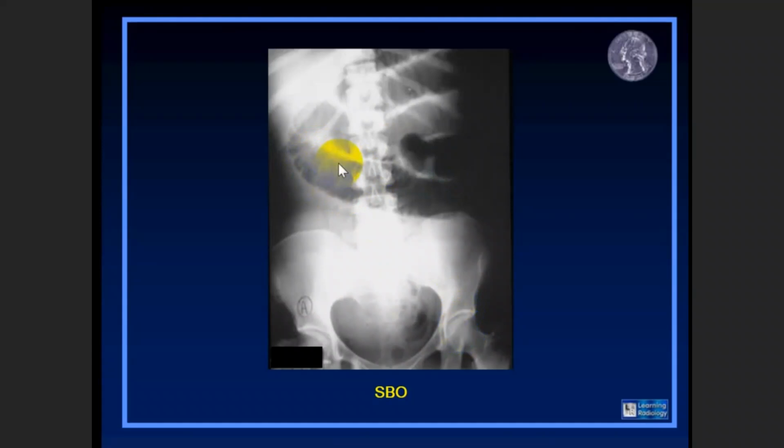Here, because it is mechanical small bowel obstruction, we can see this part of small bowel is dilated, most probably more than 3 centimeters, denoting there is a small bowel obstruction.